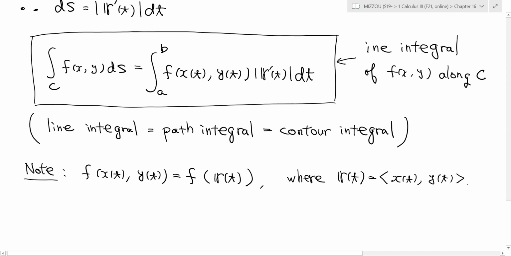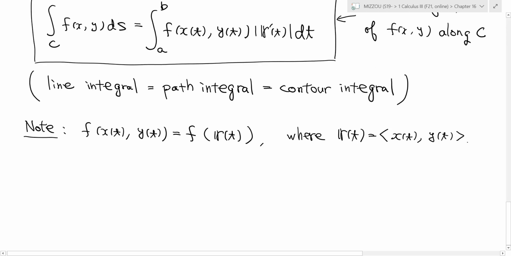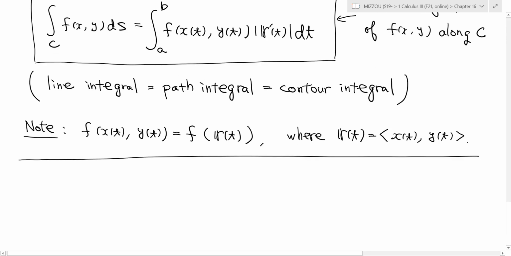Anyhow, let's work out an example. Evaluate the line integral over x ds.